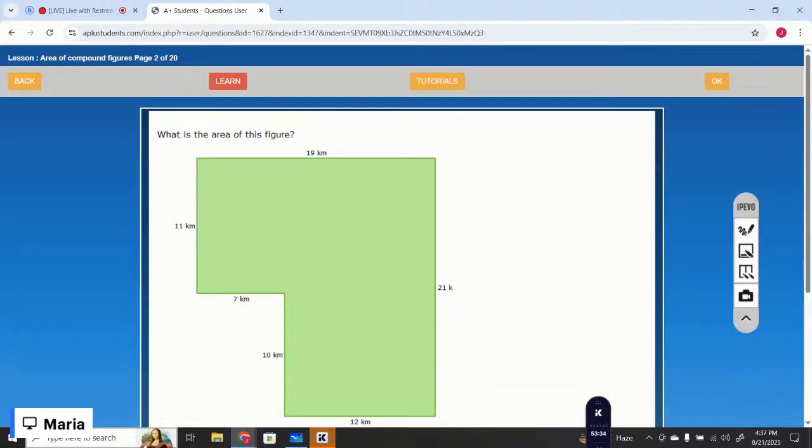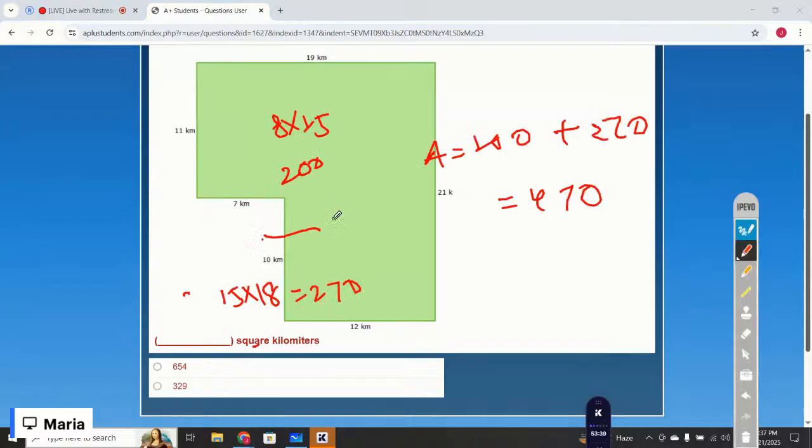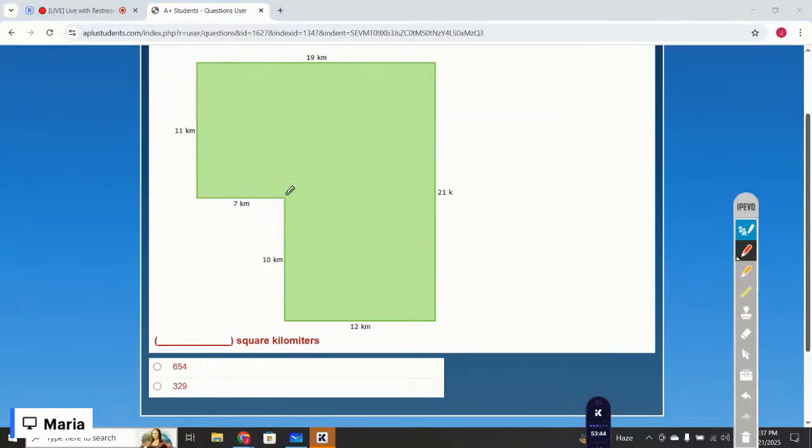Okay, what is the area of this figure? Let's divide this compound figure into two smaller figures and then calculate their areas, right? We will discuss this lesson in detail in the next session. So calculate the area for the one that is 19 times 11. On one side, you are given their full lengths, right?